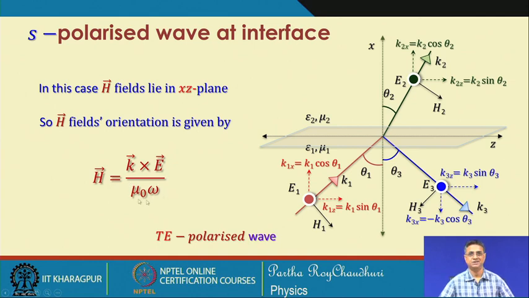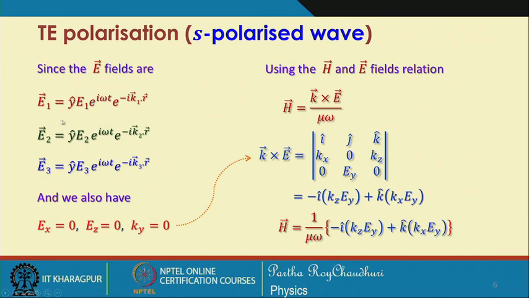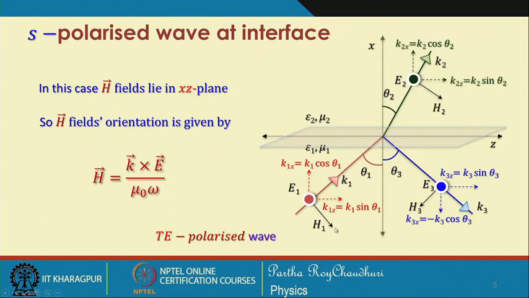Using this we will find the magnetic field components in the reflected and transmitted optical wave for this polarization.